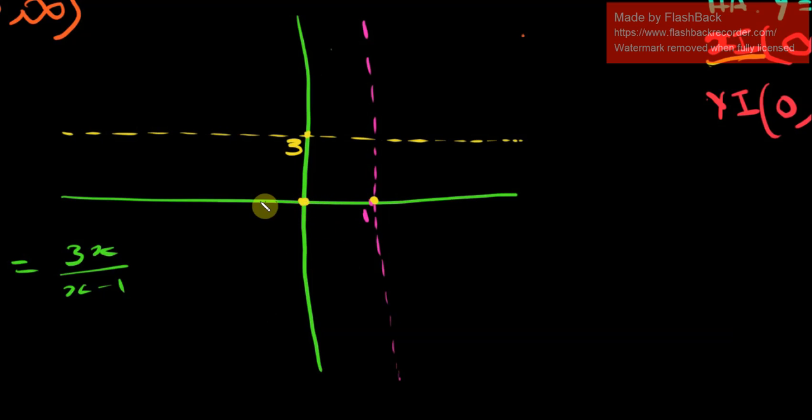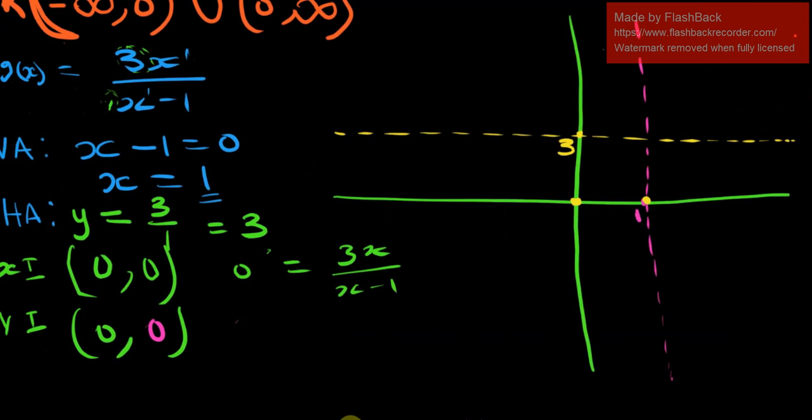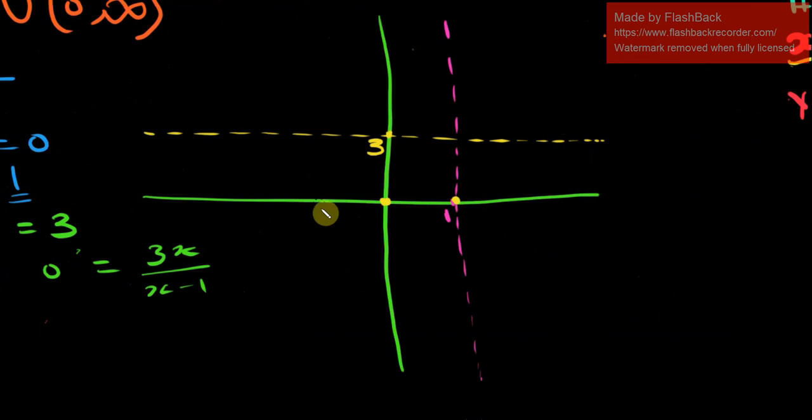But then how do we know the shape of the graph? The x-intercept is not enough. It's not sufficient data to tell us the shape of the graph. How does the graph look as x approaches negative infinity?